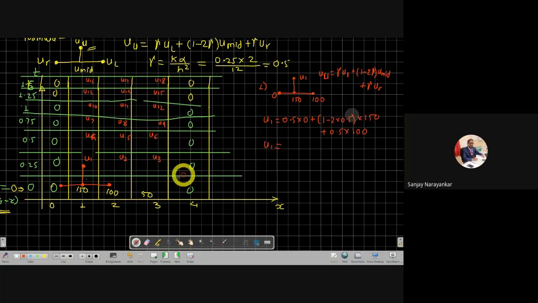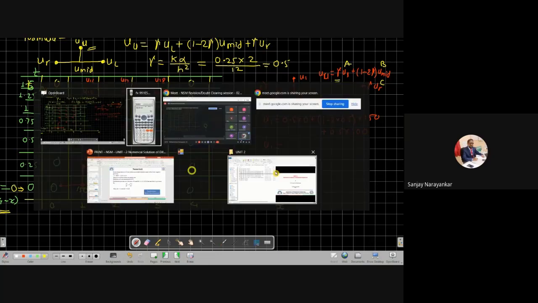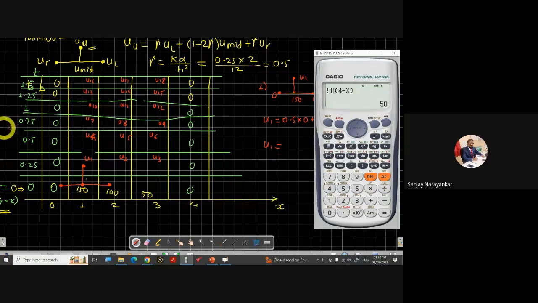So simple. Again, you can use this equation. You can use a calculator to write this equation. This value is constant, so we can write A, B, and this is C. We want that equation later on to find all the values.